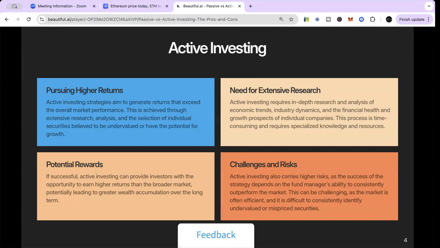All these companies have a passive strategy and an active strategy. The active strategy is to make more returns, but we told you it comes with more risk. So you need to really research if you're going to invest in an active strategy fund, because they're going to try to generate higher returns through research, analysis, and selecting individual securities.